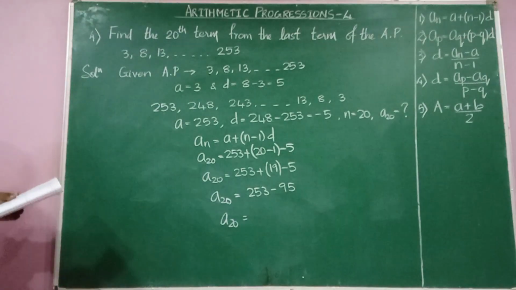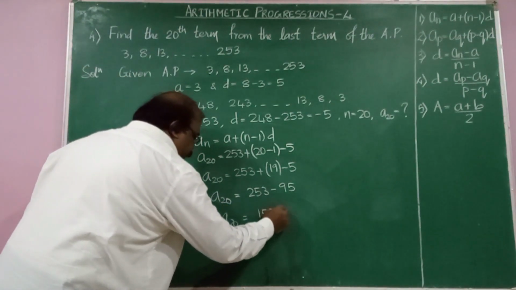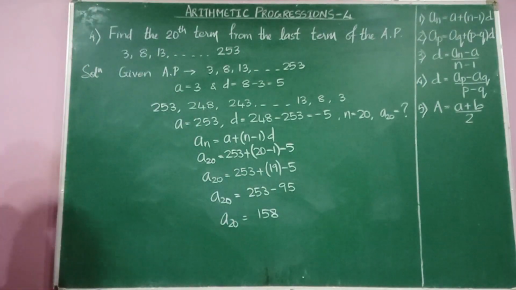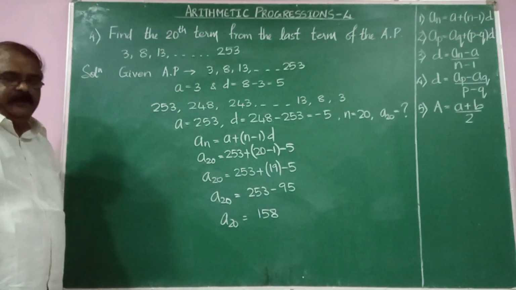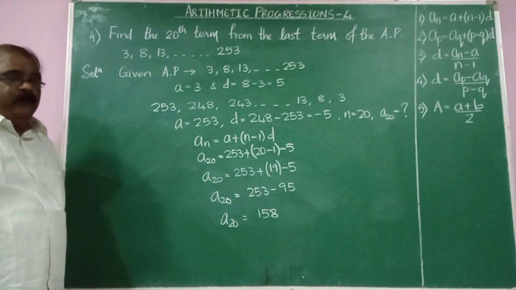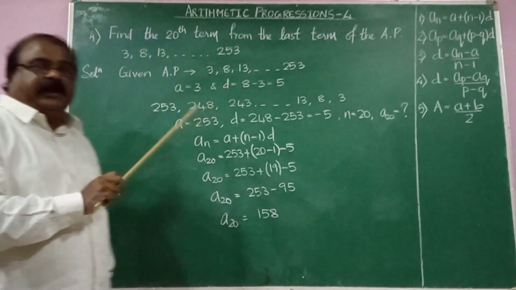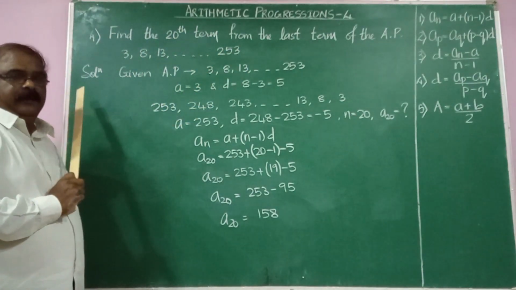So 253 minus 95 is 158. I have thus found the 20th term from the last term of the arithmetic progression. When I asked you to find out the 20th from the last term of the AP, what did I do? Just write the series in the reverse order.